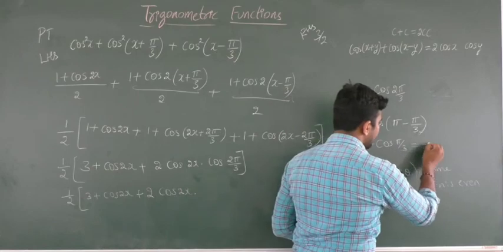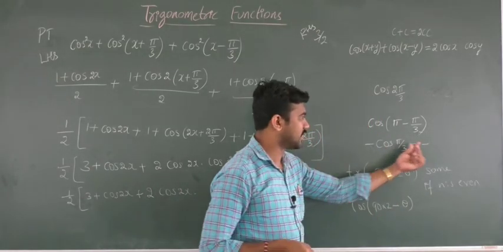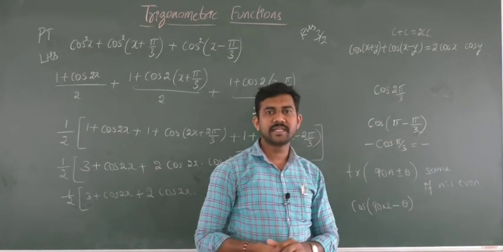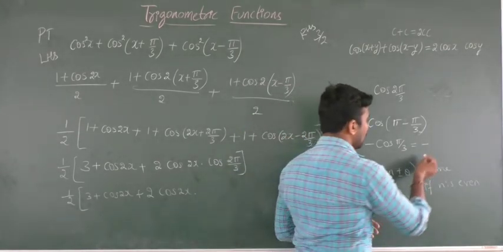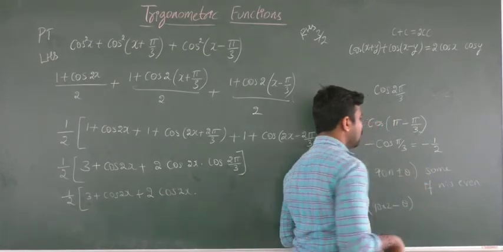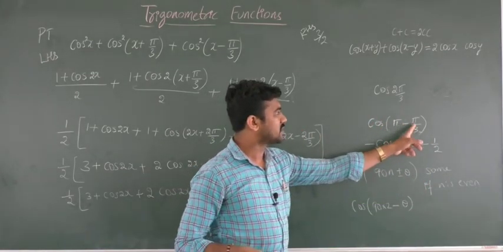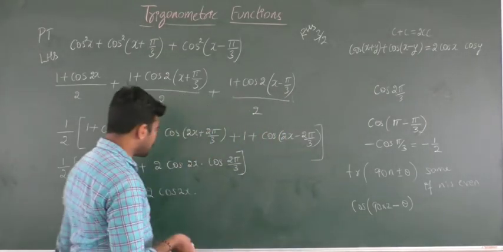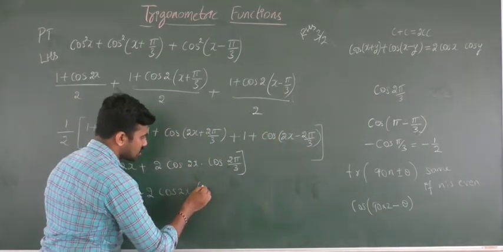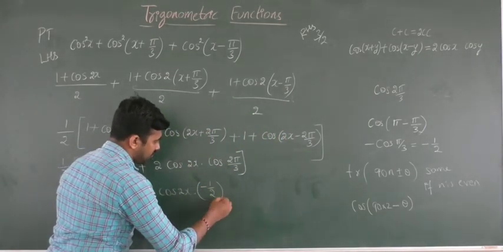Minus cos pi by 3 is what? Minus cos 60 degrees, that is equal to minus half. Okay, so cos(pi minus pi by 3), or cos 2 pi by 3, value is nothing but minus half. So directly I will substitute minus half in place of cos 2 pi by 3.